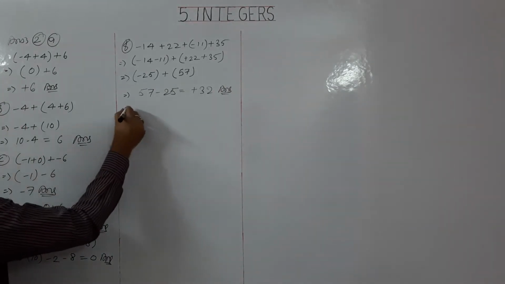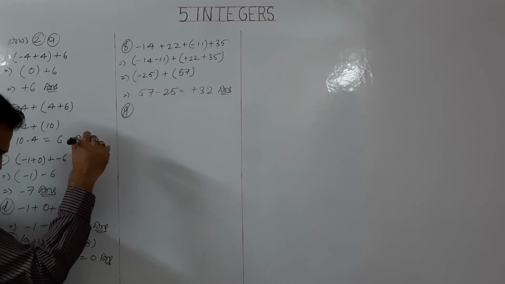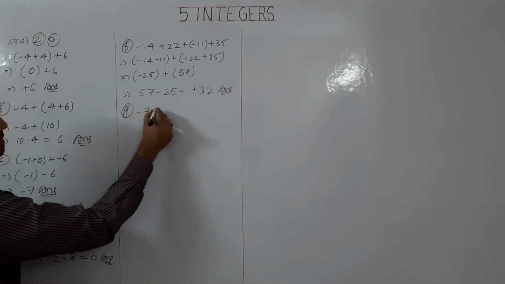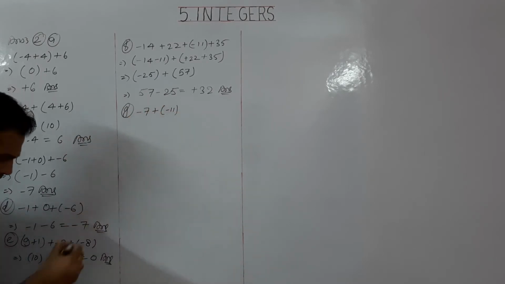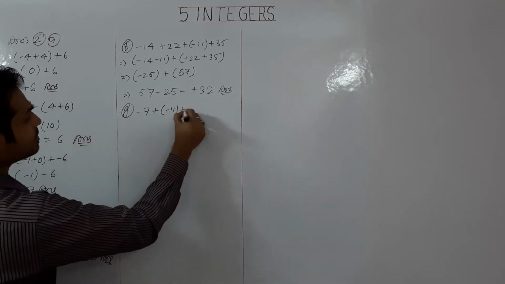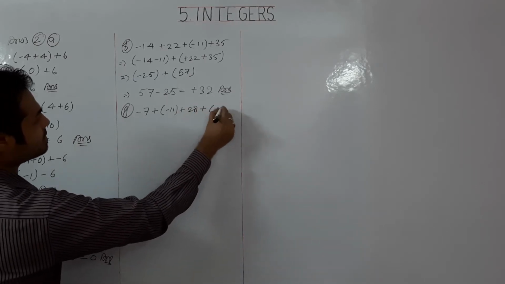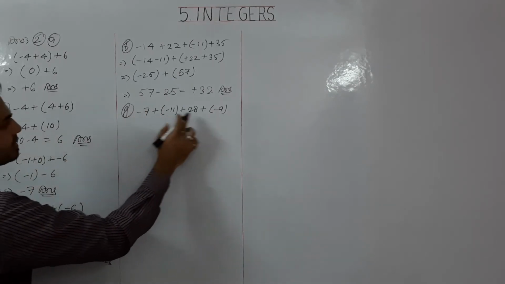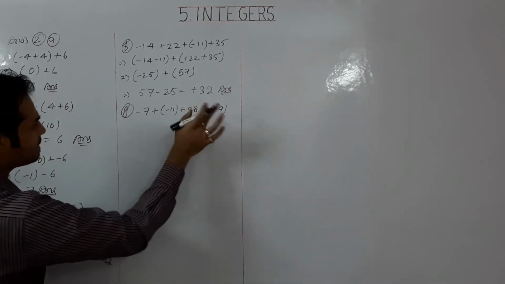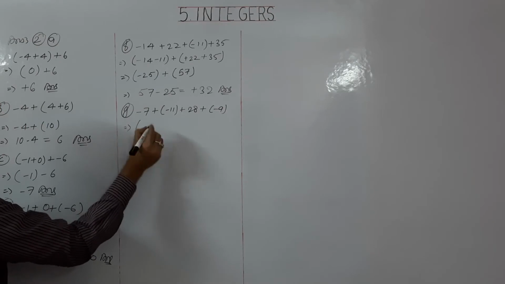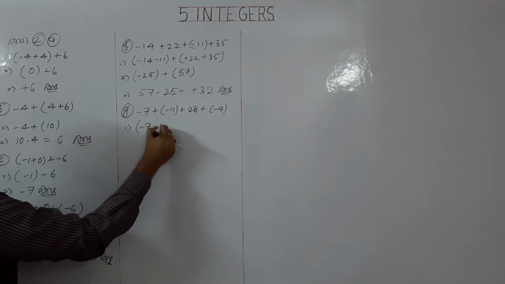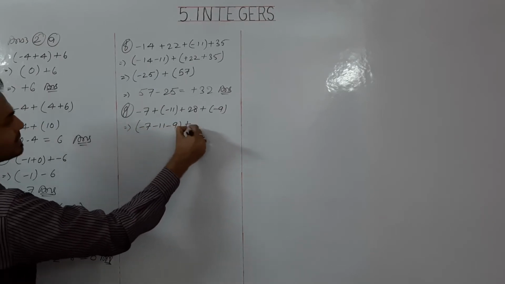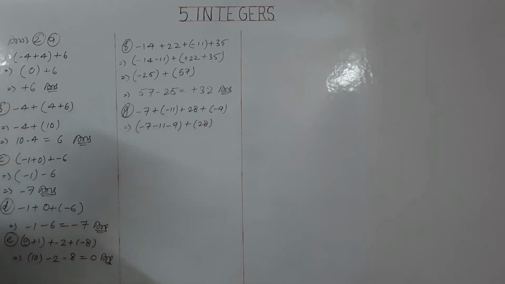Next, part G. In part G we have minus 7 plus minus 11 plus 28 plus minus 9. So these are four numbers, out of which 7, 11 and 9 are negative. So first group the negative numbers and second group the positive numbers.